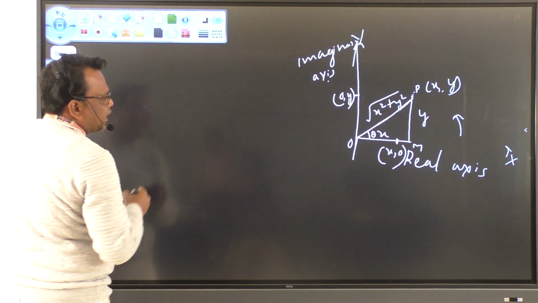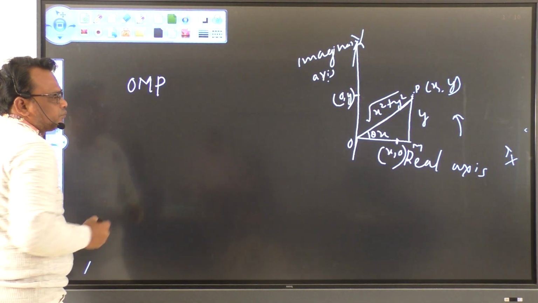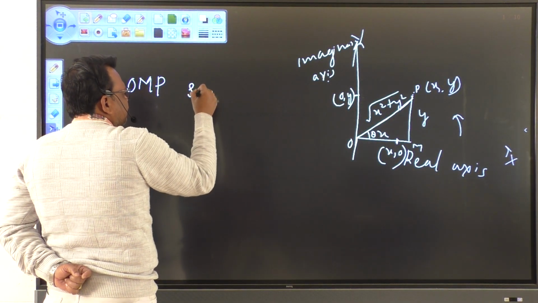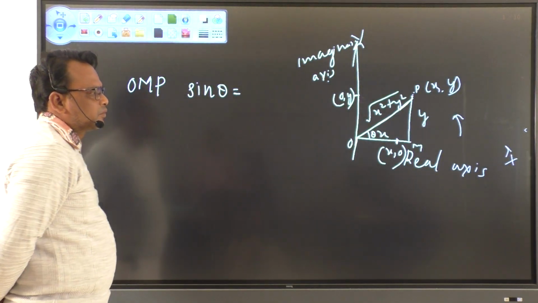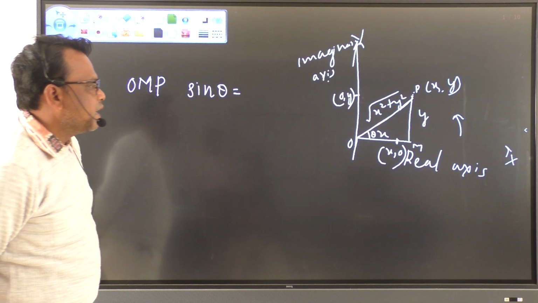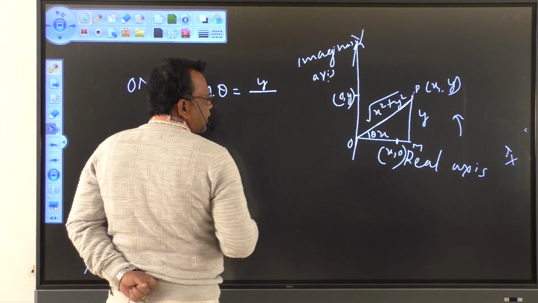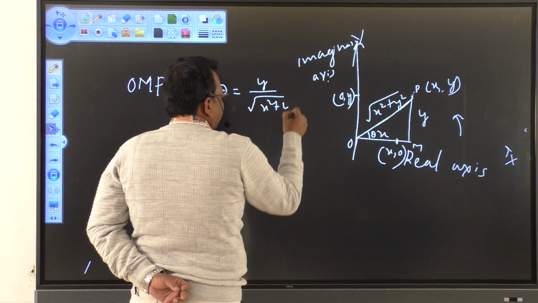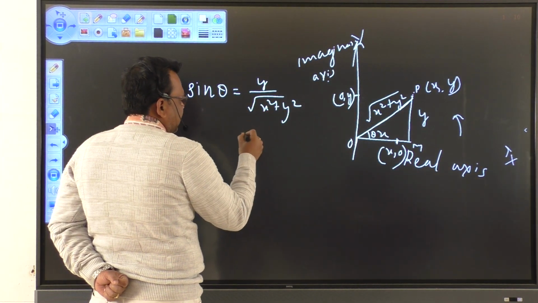So in the right angle triangle OMP, what is the value of sin theta? The value of sin theta is equal to perpendicular by hypotenuse, y divided by h. Our h is root over x square plus y square. Let us denote this root over x square plus y square as r.